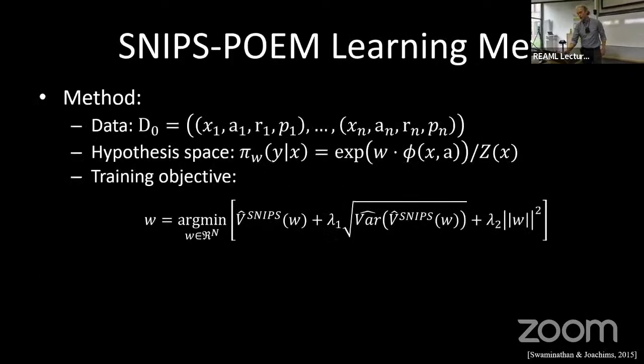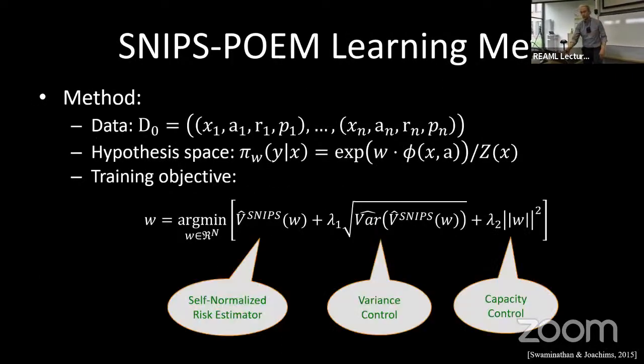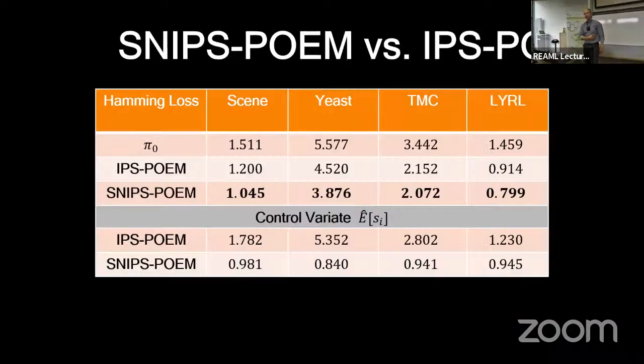So what this means is, we just plug that other estimator into our training objective. You have the self-normalized risk estimator, so the SNIPS, its variance, and then capacity control. And if you do that, so that was the logging policy. That's if you don't do the SNIPS estimator, just the IPS estimator, and then SNIPS POEM, you get another nice boost in terms of performance, right?